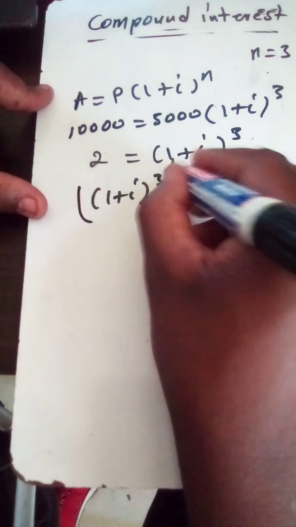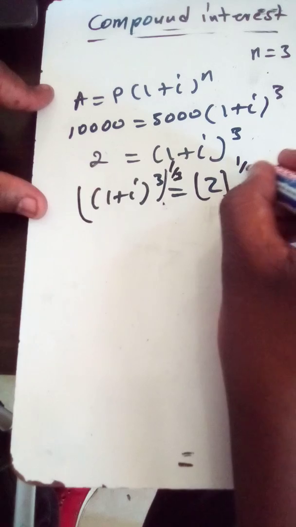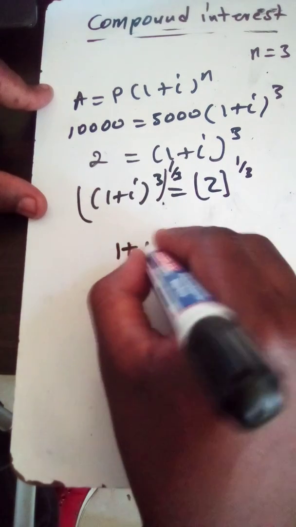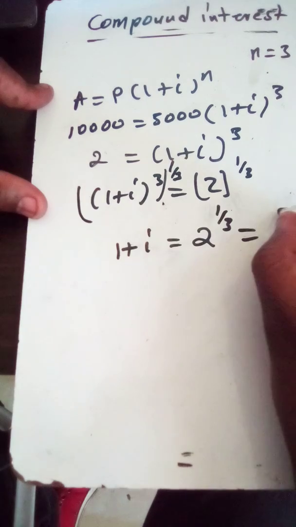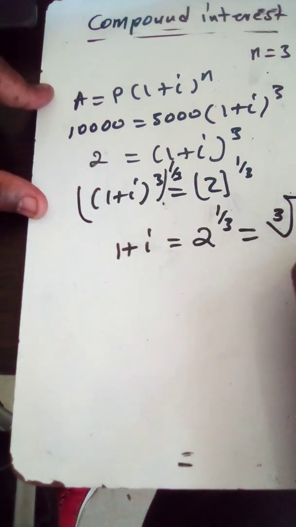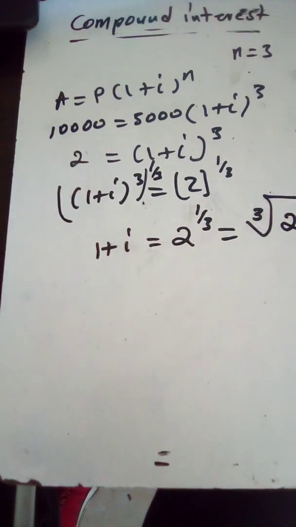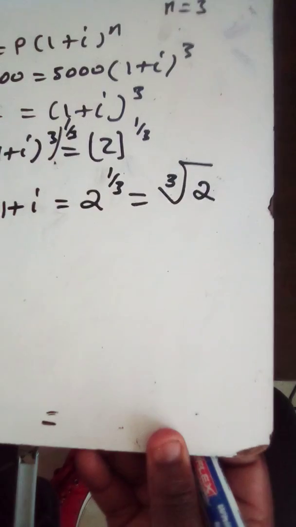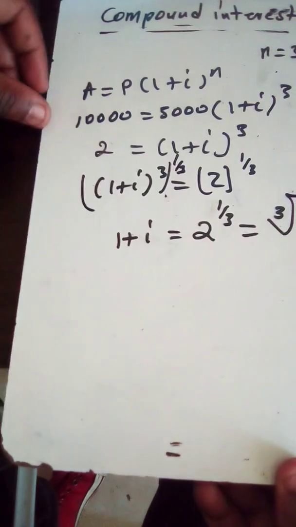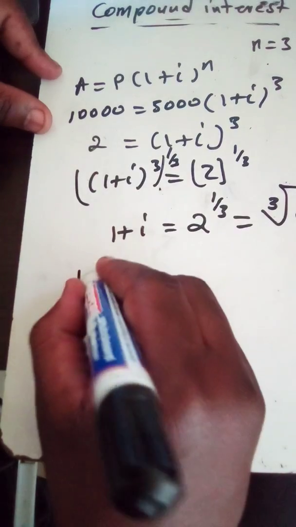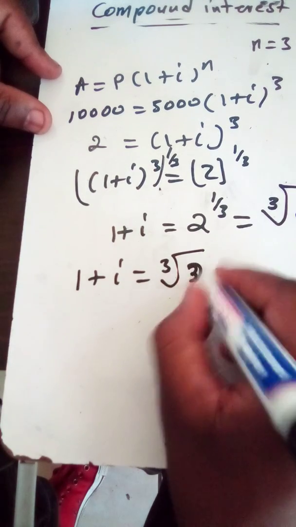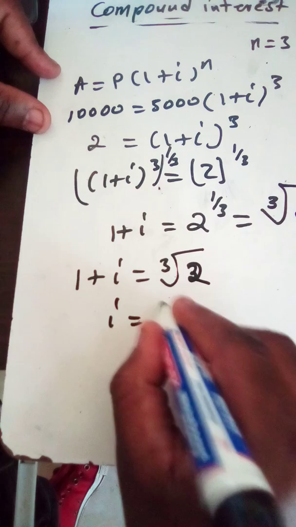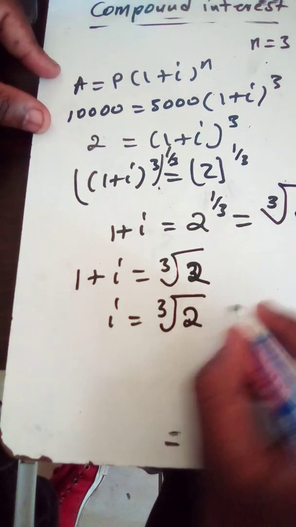After that, we raise both sides to the power 1 over 3, and we are left with 1 plus I equals 2 to the power 1 over 3. Sometimes you can say the cube root of 2, which is still the same. So we have 1 plus I equals the cube root of 2, which means our I becomes the cube root of 2 minus 1.